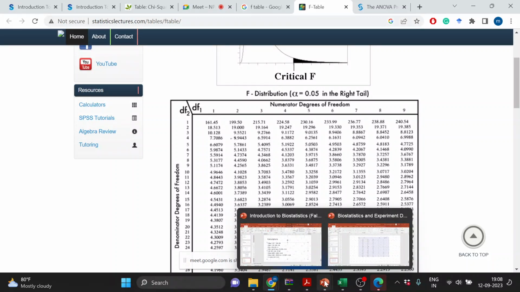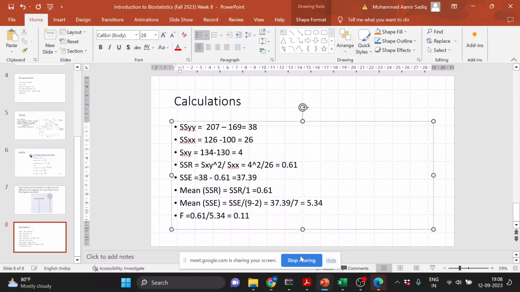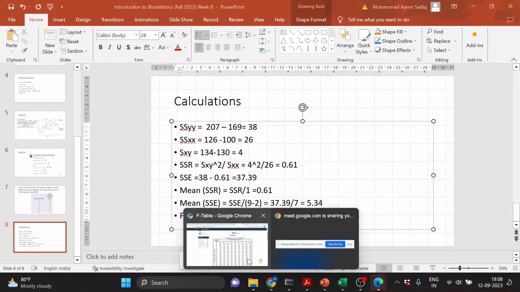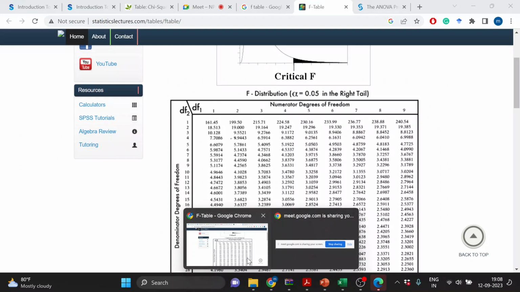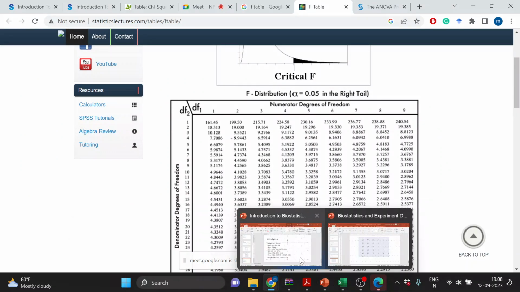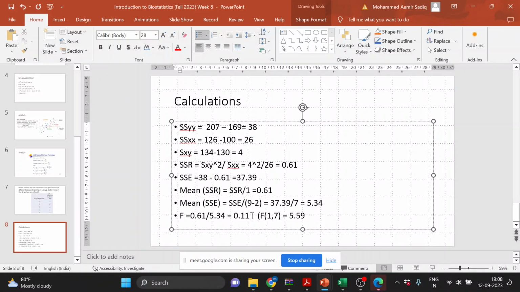Your F critical is 5.59 to reject the null hypothesis. The value that we got is 0.11, which is much lesser than F critical.